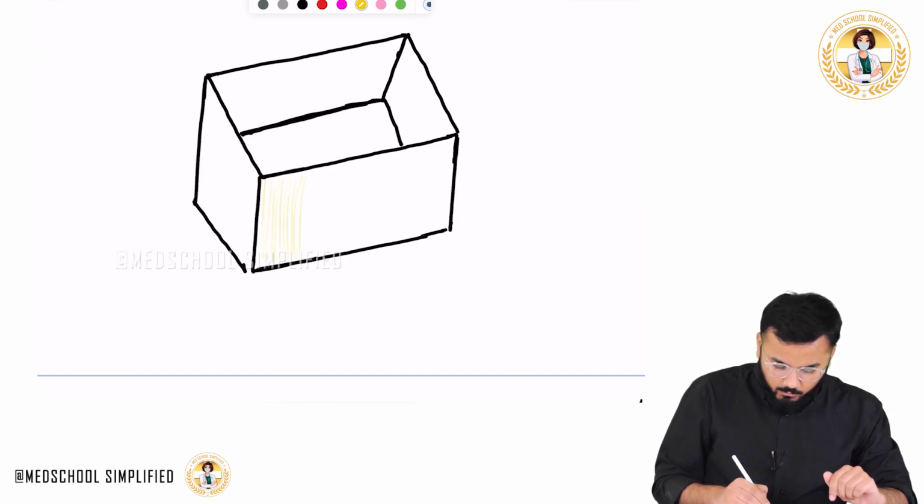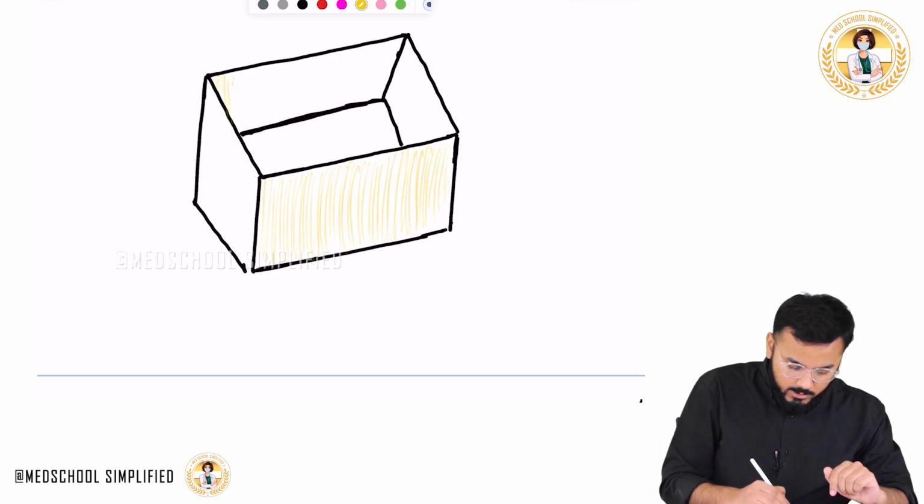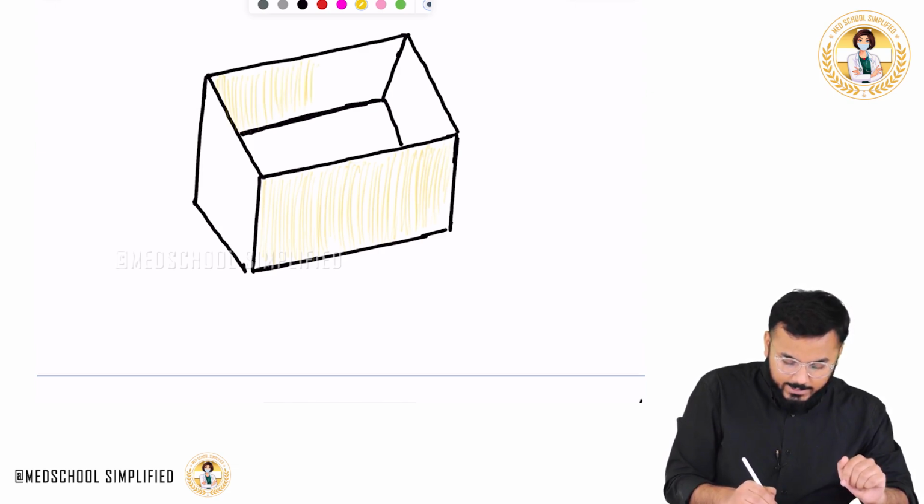So this is one of the walls of the third ventricle which you can see over here. Look at this wall which I'm shading right now and compare it with this other wall. Both of them are called the lateral walls.